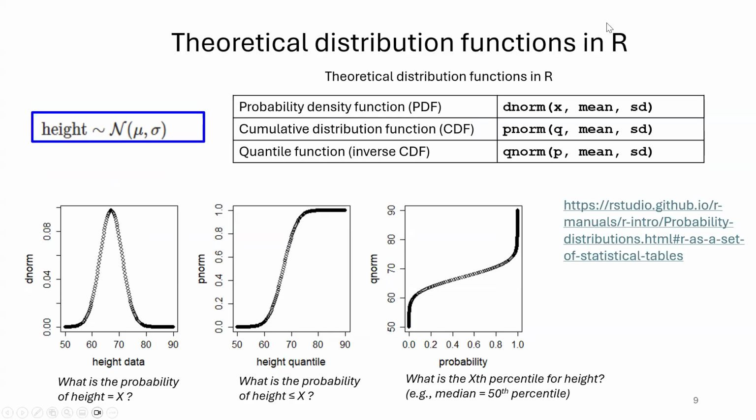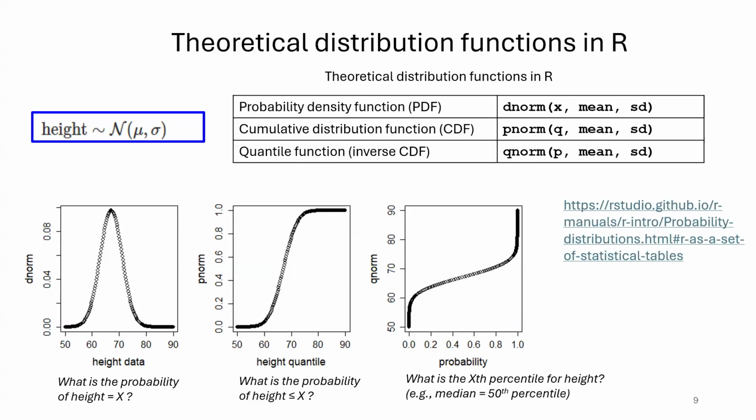I've put a link that provides more information about them, but there's usually d, p, or q followed by a code for the distribution, in this case norm. So this will be useful for dealing with theoretical distributions. And there are also inbuilt ones for common metric data, binary data, count data, etc.